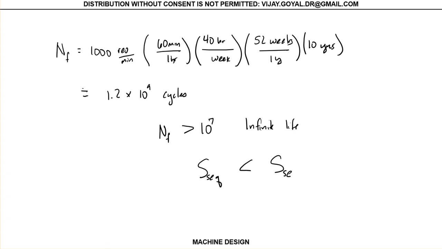Okay, so the next thing that we want to do is find your Fmax, and you need to multiply that by your design factor.